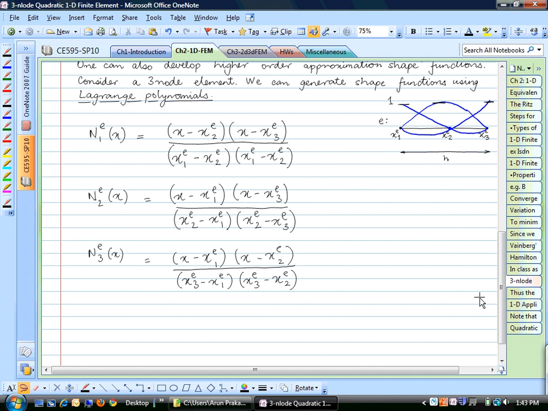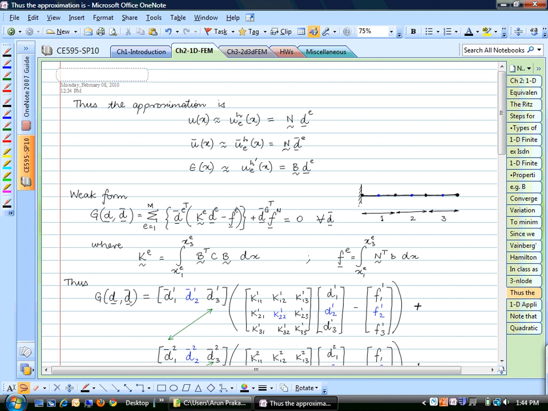So let's choose these shape functions, and using these shape functions, we are going to try to solve a one-dimensional problem. So in this case, what does this N matrix look like? We say that the real displacement, the solution within an element, is going to be approximated by this same shape function matrix times degrees of freedom within the element.